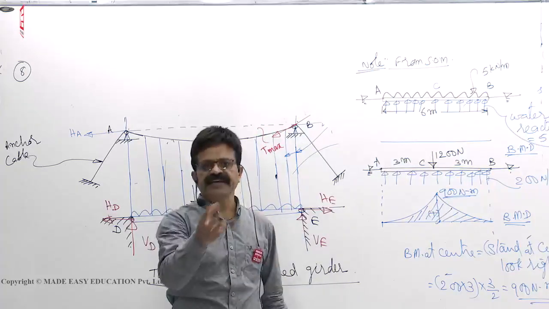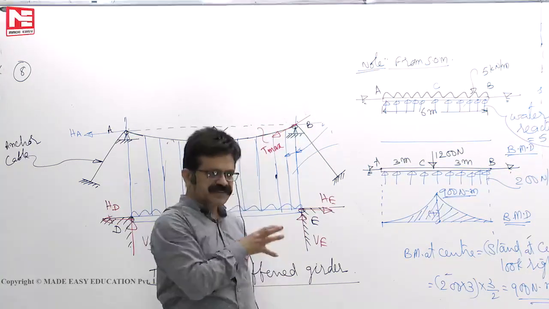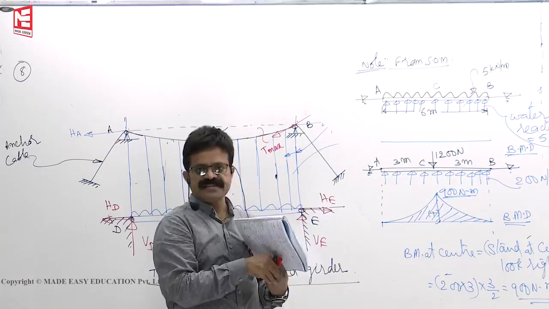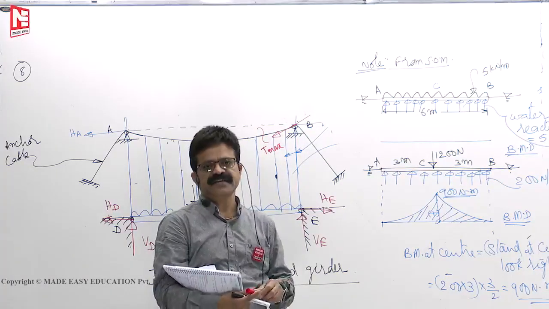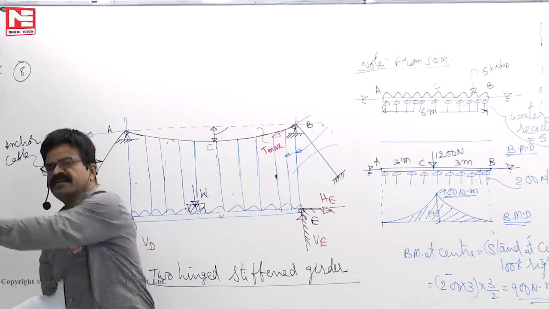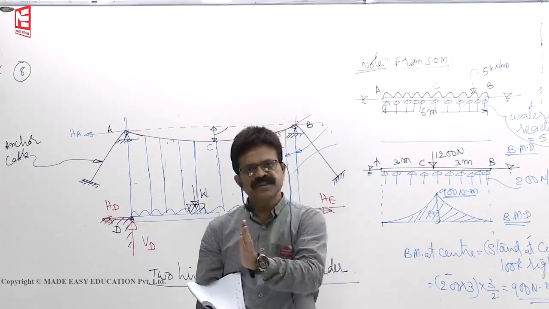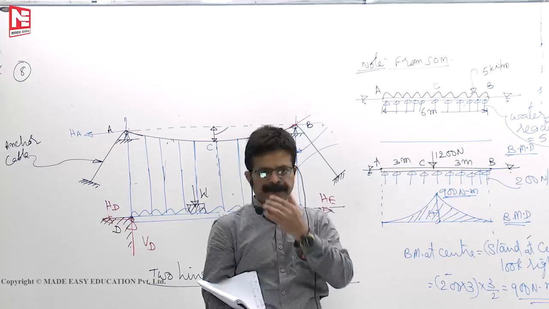Such theoretical arches are generally difficult to build because when loads are moving, the shape of the BMD also changes. Once your structure is built, you cannot change its shape. So theoretical arches or linear arches are impossible to build for moving loads, because you cannot change the shape of the structure dynamically once built.